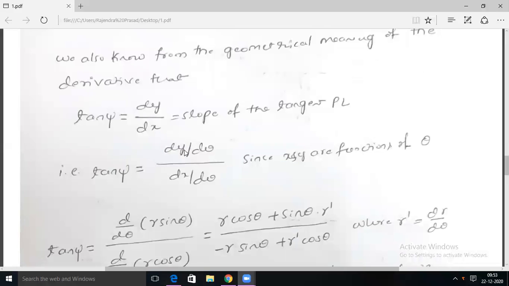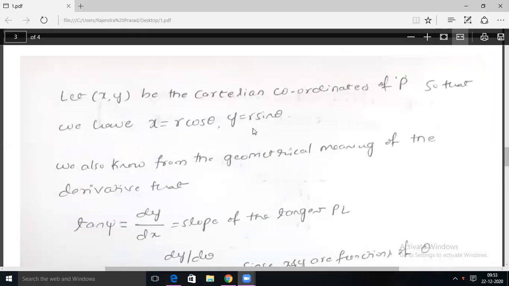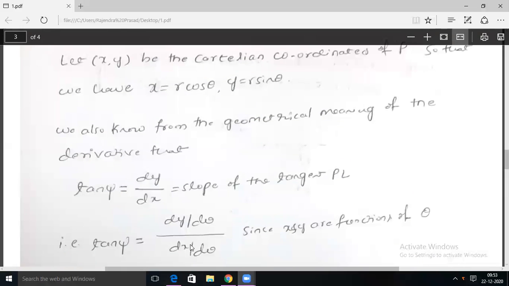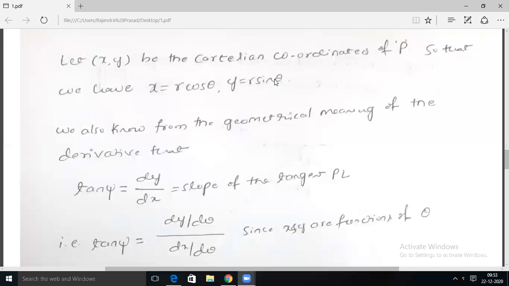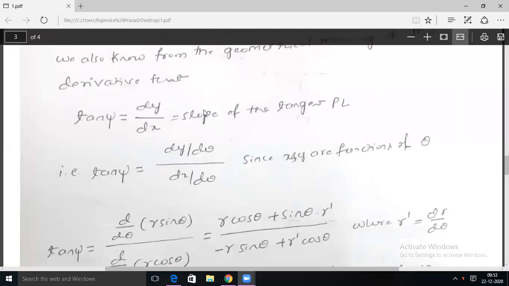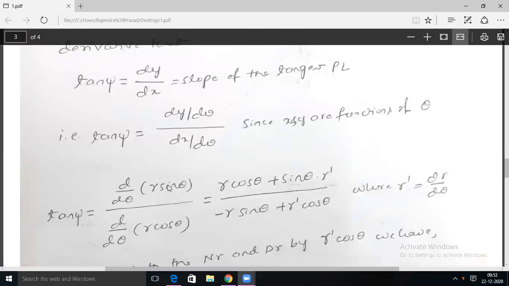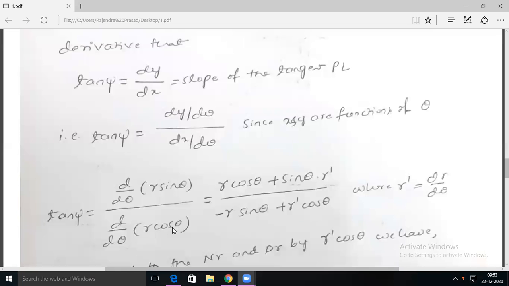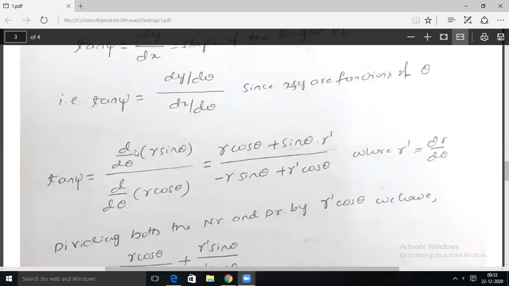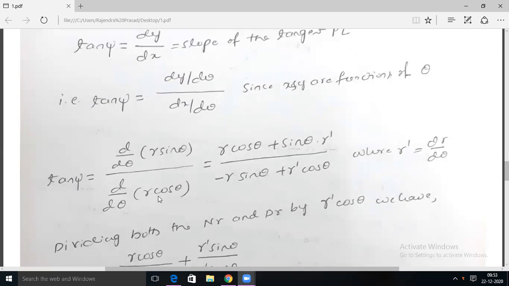We know that y is equal to r sin theta, x is equal to r cos theta. So in place of y we have to substitute r sin theta, in place of x we have to substitute r cos theta. Now differentiation of r sin theta with respect to theta, differentiation of r cos theta with respect to theta.